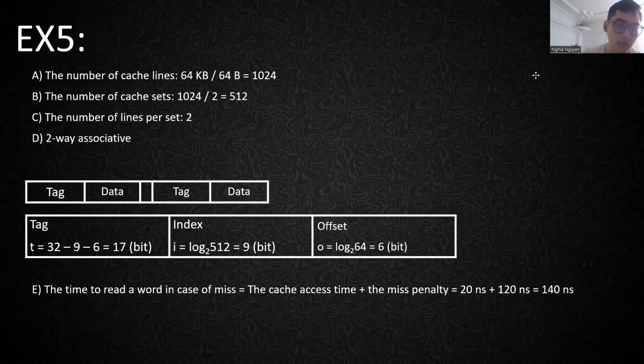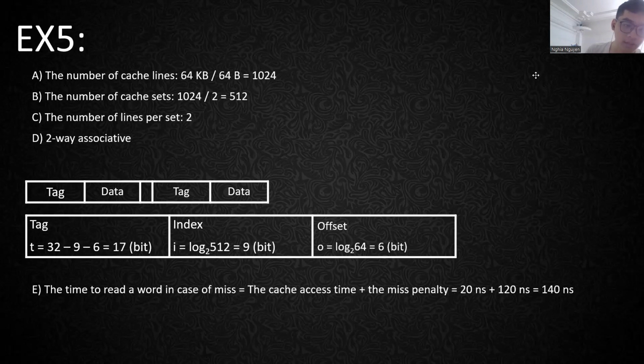The number of cache lines is 64 KB divided by 64 bytes, which is 1024.